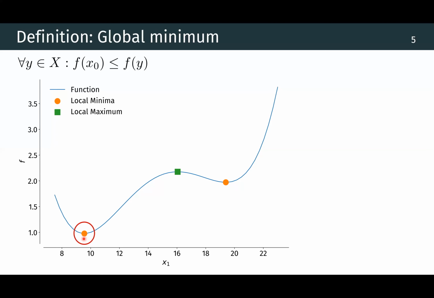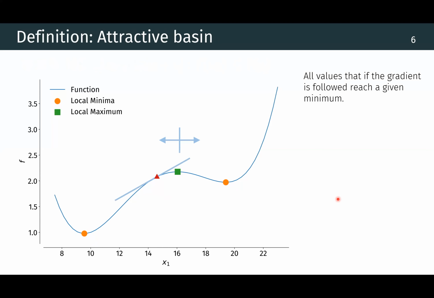In chemistry, the relative position of these, in particular with regards to the local maxima, are often used to label how hard it is to get into that particular minimum. And this is called an attractive basin.